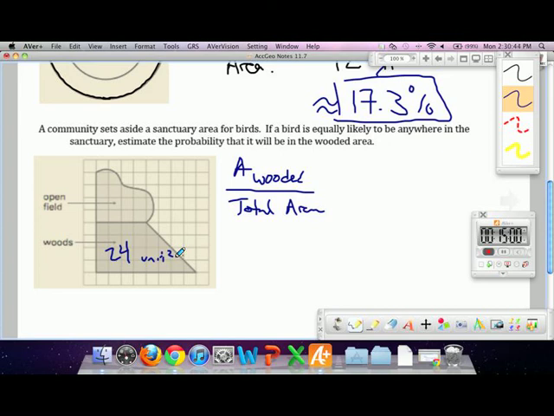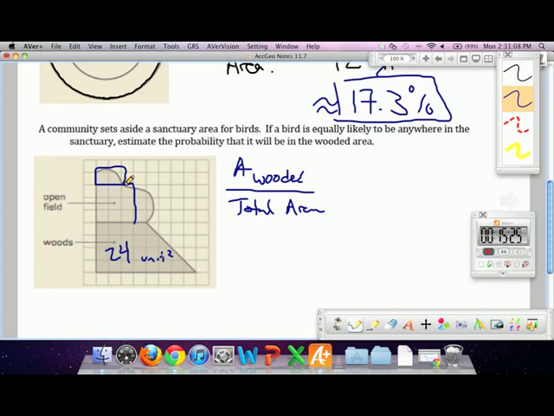The open field, we can estimate this area. Maybe by looking at some chunks. So this piece looks like it's about 9. This is about 2. This is about 2 squares.